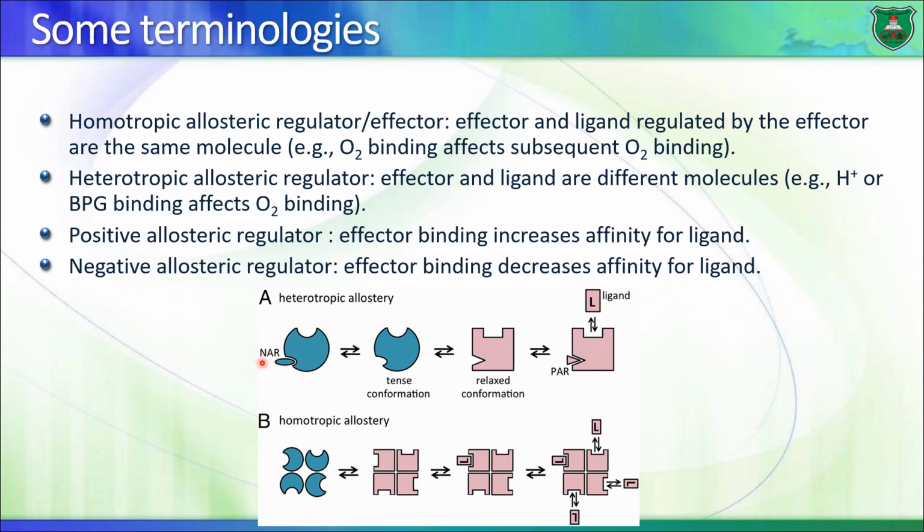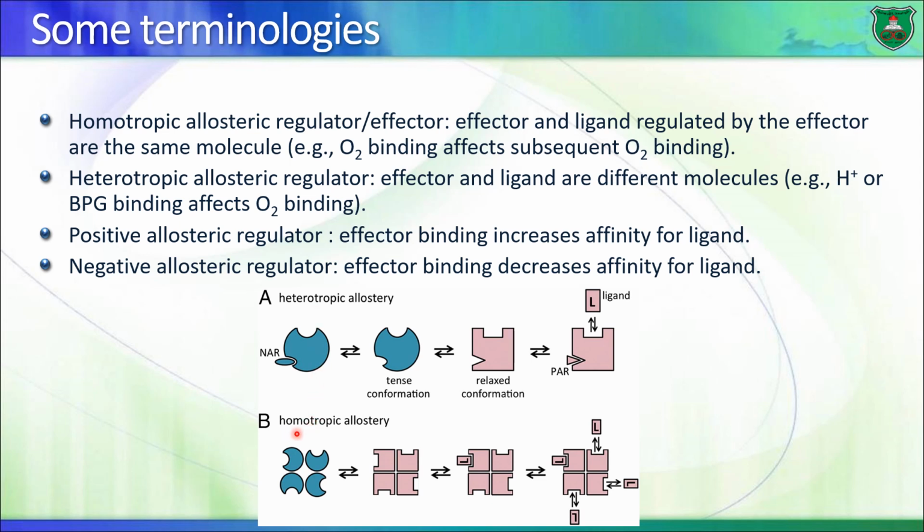It binds to a negative allosteric regulator. It makes it hard for the ligand to bind to the protein. Okay. Now you can also have a positive allosteric regulator that can bind to a protein, and it makes it easier for a ligand to bind. So this is a positive allosteric regulator. This is a negative allosteric regulator, and both of them are heterotropic allosteric regulators.